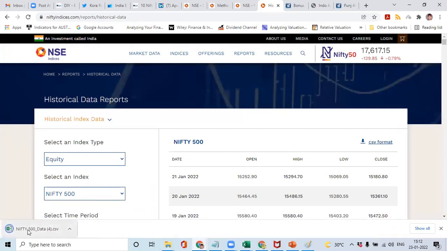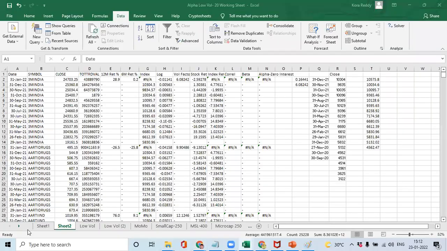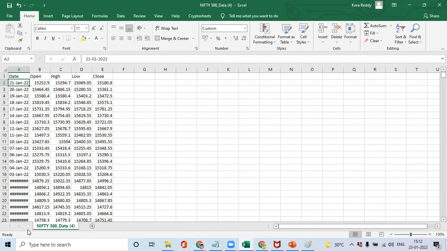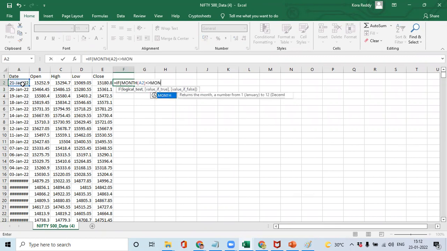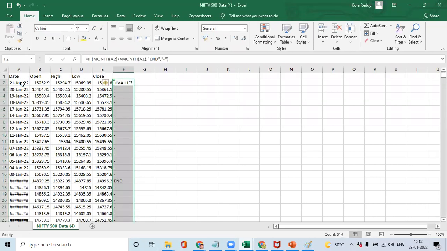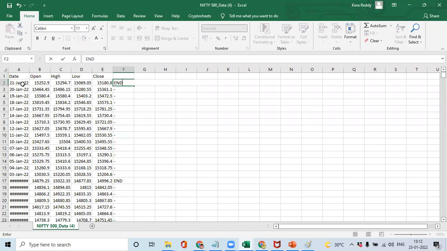and convert this into monthly data. This becomes 31st Jan, that's fine. If the month is not equal to this, then it's end of the month. Otherwise, I'm not interested. This is also end of month. So give me all the end of month values.